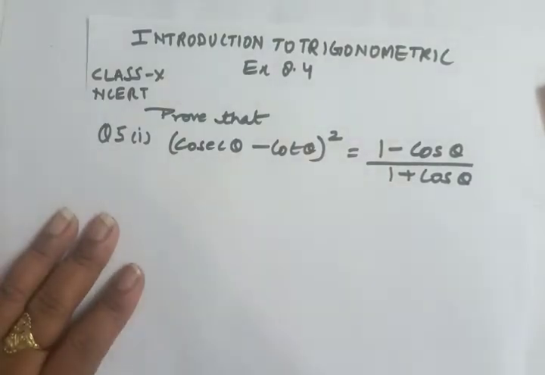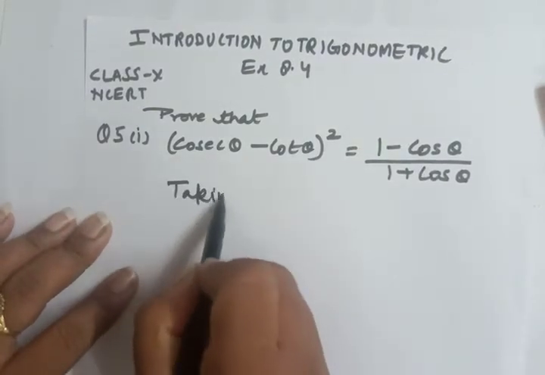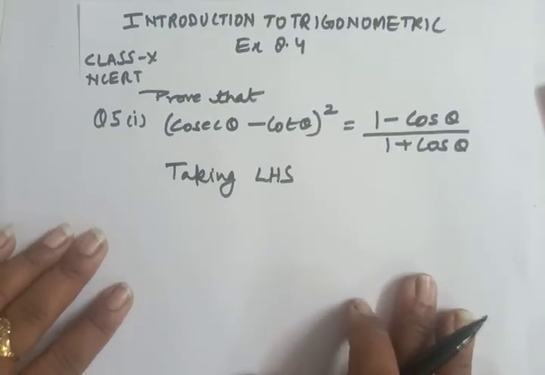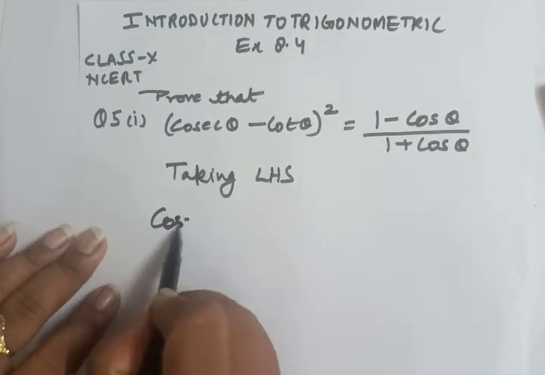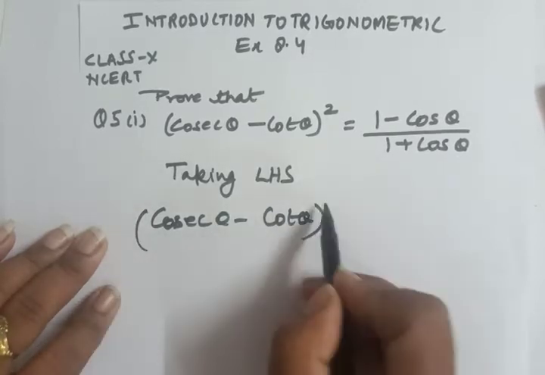So first of all, taking the left hand side, that is (cosec theta minus cot theta) whole square.